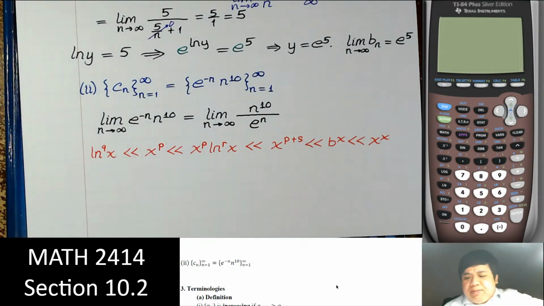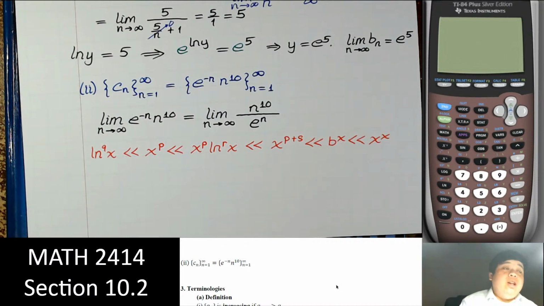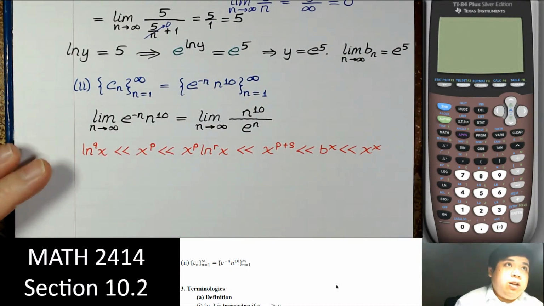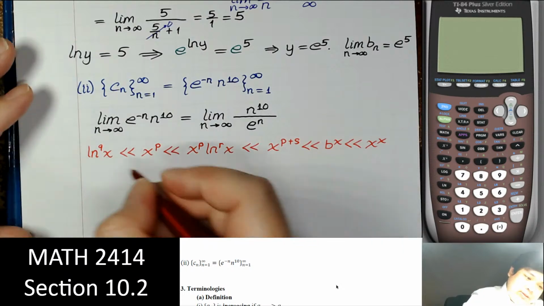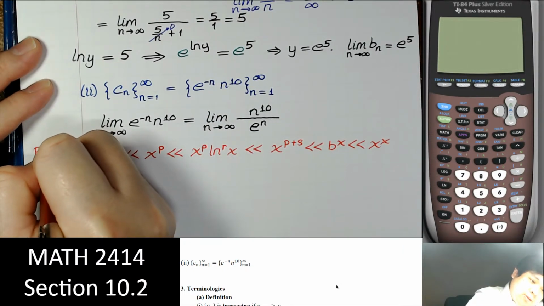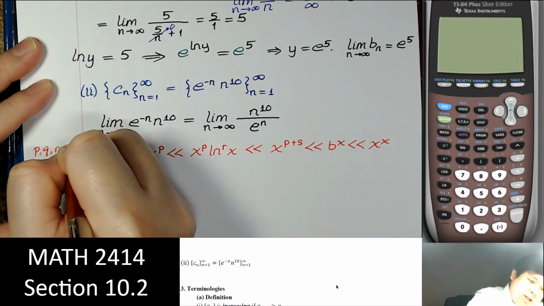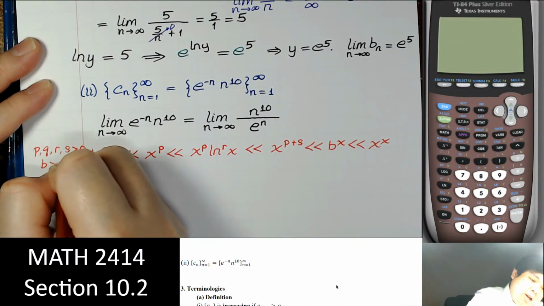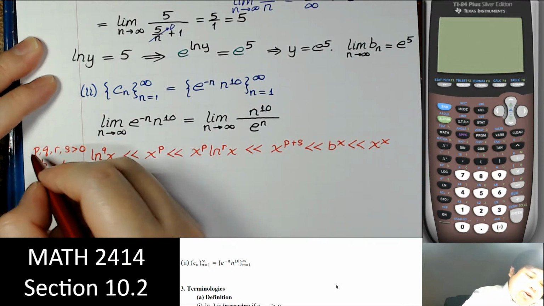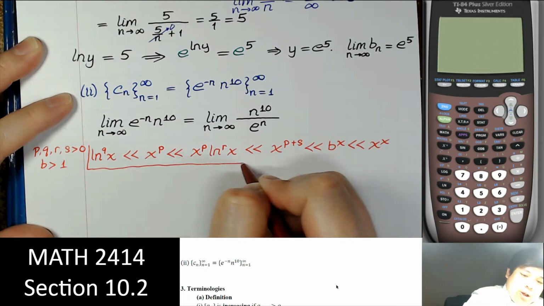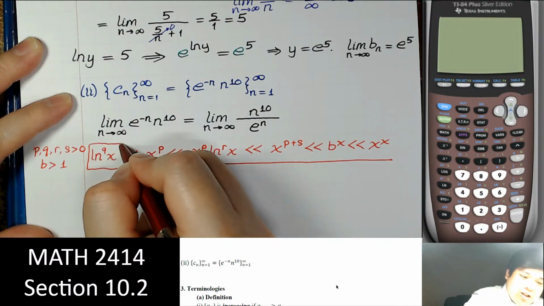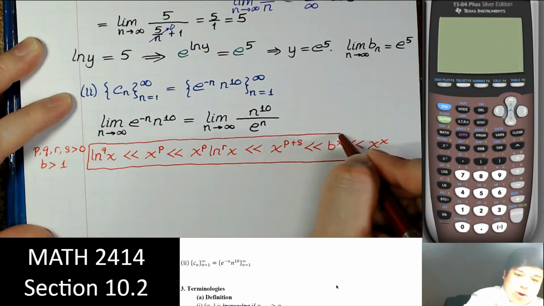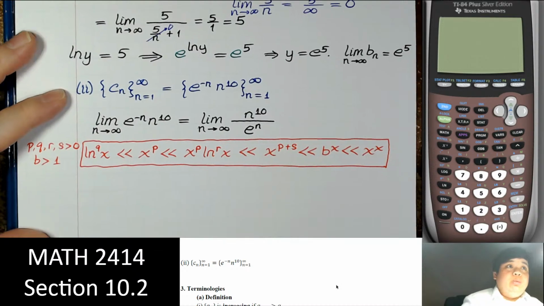So we have that order. Then see how that helps. Let me just write down everything first. In that case, p, q, r, s are positive, and b is bigger than 1. When we have those, we have this order. By the way, when you take the test, I recommend that you have this somewhere so you can reference it quickly.